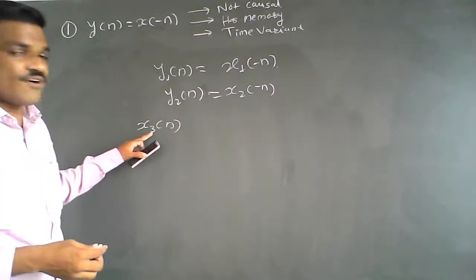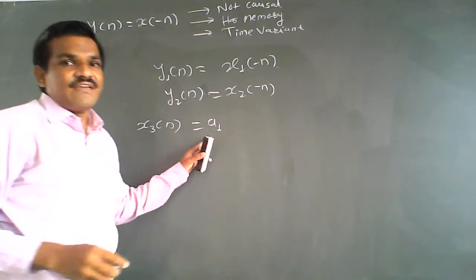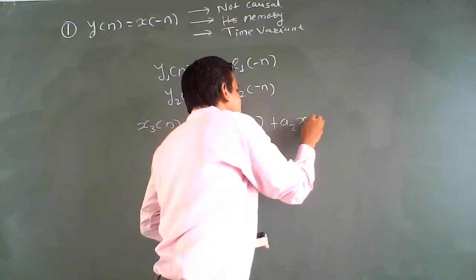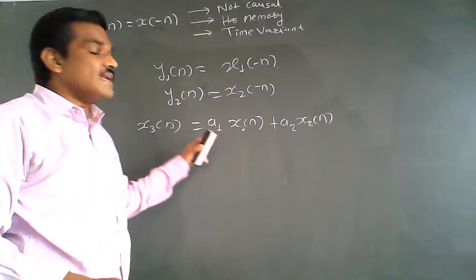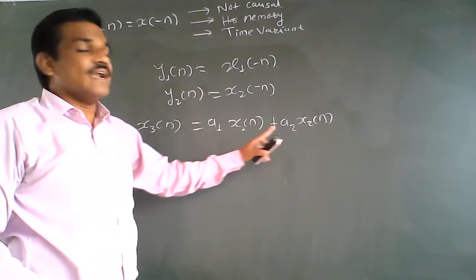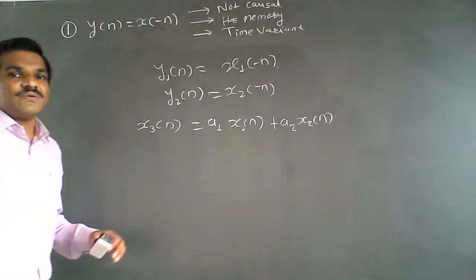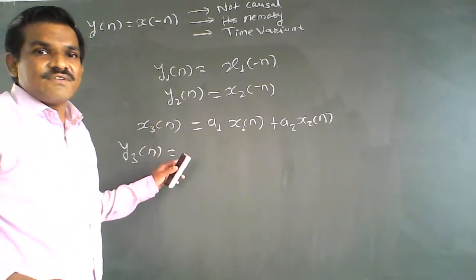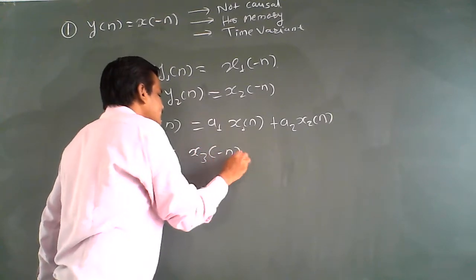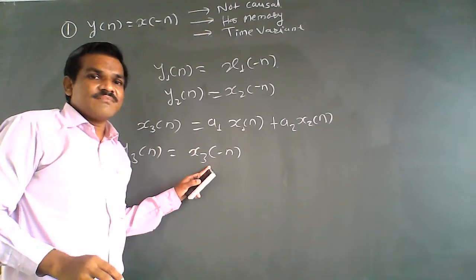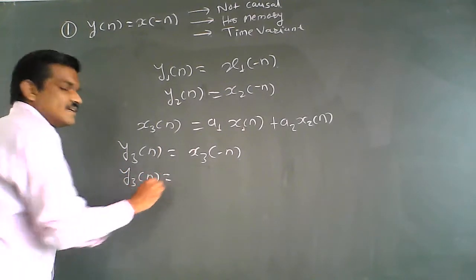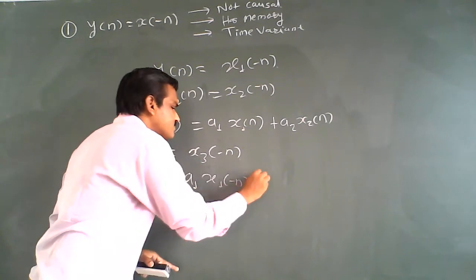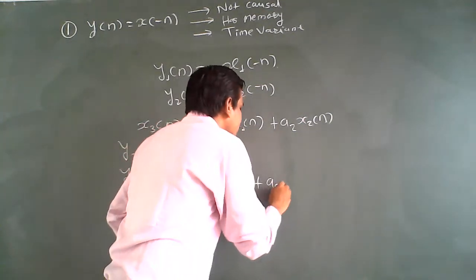That means x3 of n is equal to a1 x1 of n plus a2 x2 of n, where a1 and a2 are arbitrary constants. Therefore the output y3 of n is x3 of minus n, which is a1 x1 of minus n plus a2 x2 of minus n.